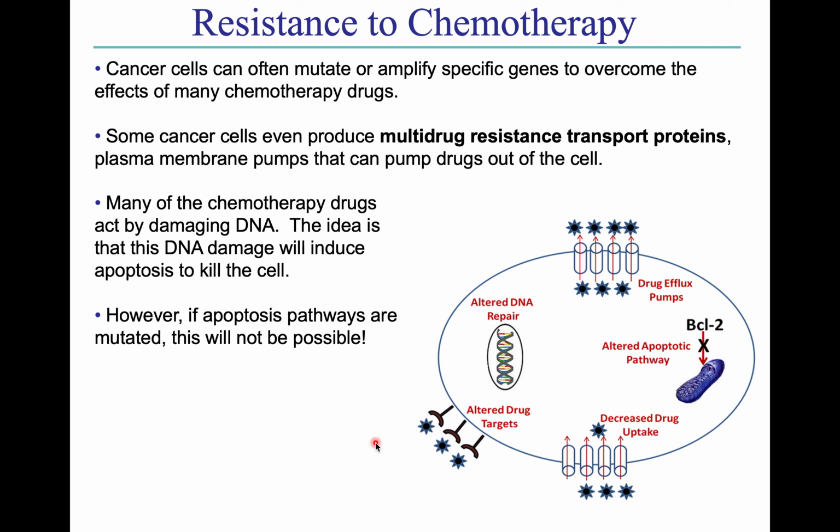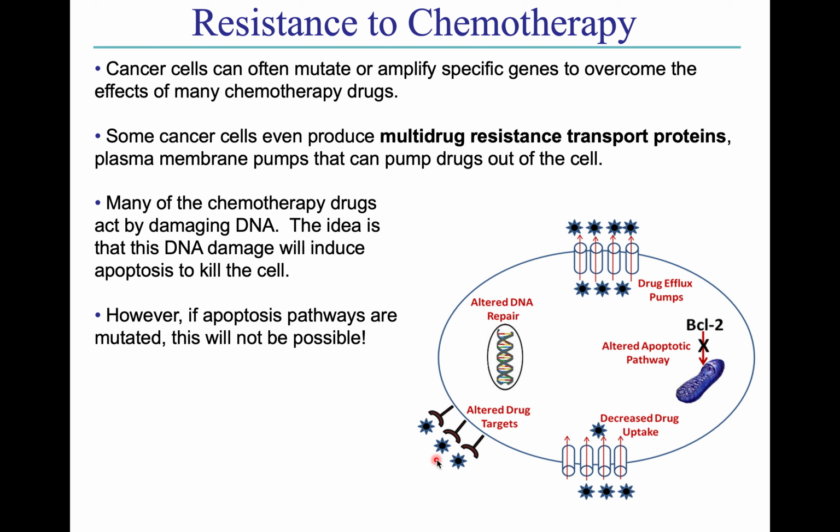Or if you think of something like, let's say, tamoxifen, which was going to bind to the estrogen receptor on the surface of the cells and act in that way, what if the cancer cell mutates that receptor so that the tamoxifen no longer binds, but maybe estrogen still does? Or maybe the receptor is mutated so that now it's always active, even in the absence of an estrogen signal. In that case, tamoxifen isn't going to do any good.